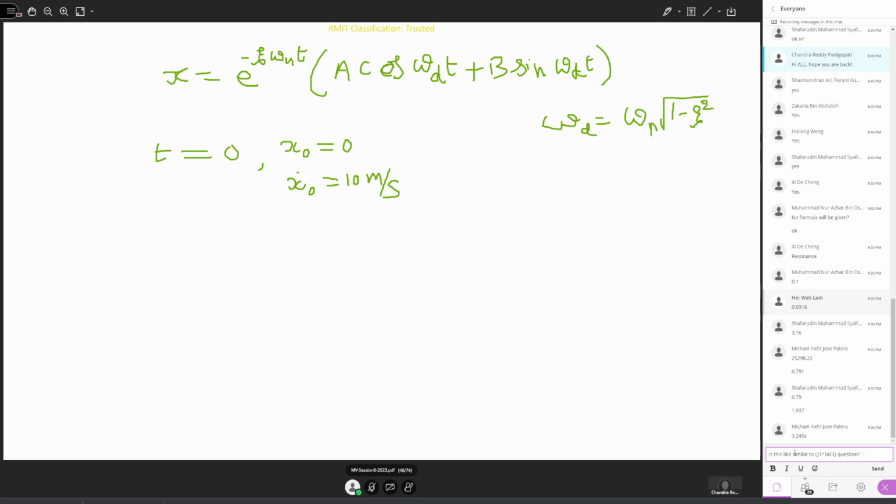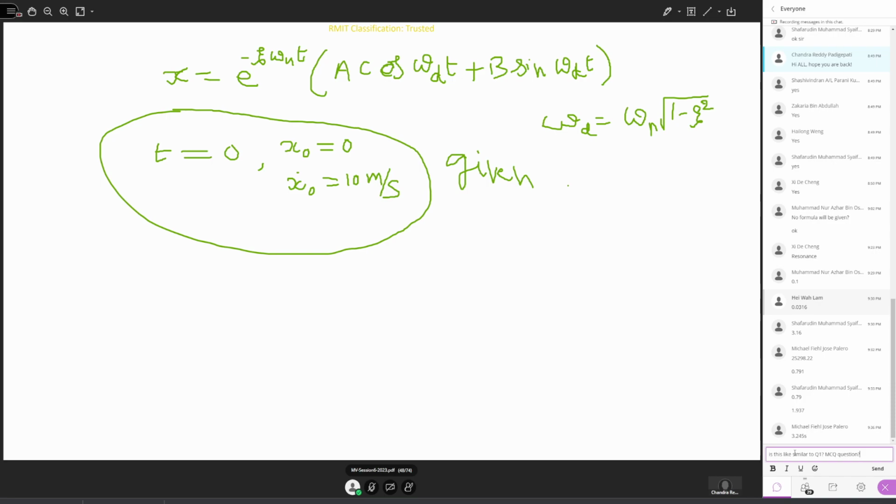You can pick up these things from the description of the problem. Now substitute these values into the equation and solve. First substitute x is equal to 0 when time t is 0.